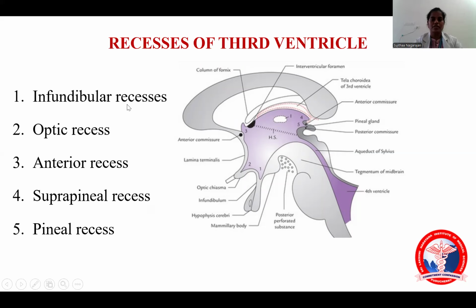First one is the infundibular recess. Next, we have the optic recess. Next, the anterior recess. Then the suprapineal recess. Then the pineal recess. So these 5 recesses are the recesses of the third ventricle.